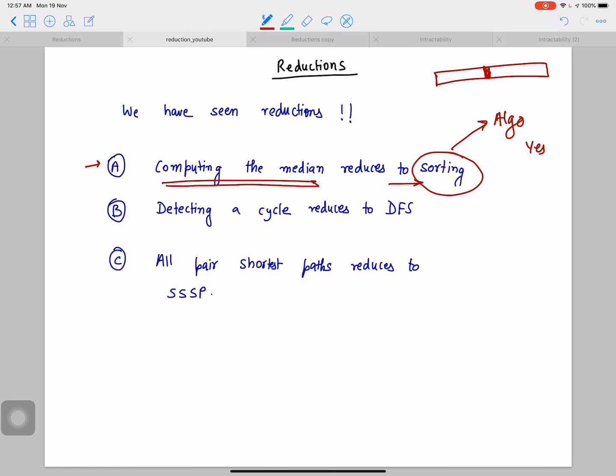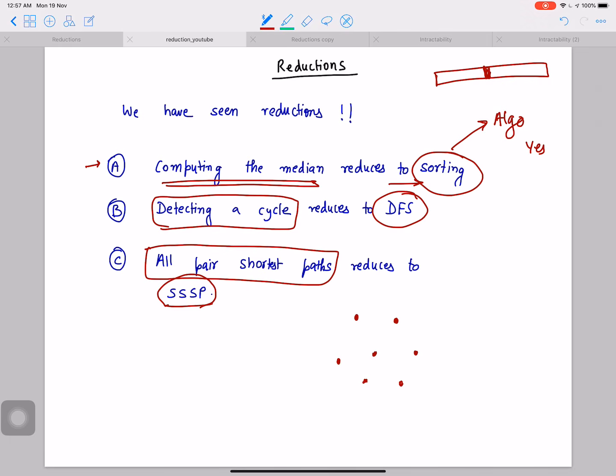Likewise, detecting a cycle reduces to DFS, because if you know the algorithm for DFS, you can modify it to detect a cycle for you. Similarly, all pairs shortest paths reduces to single-source shortest path, because if you know the algorithm for single-source shortest path, you can run it from all the nodes, and that essentially solves the all pairs shortest path problem.